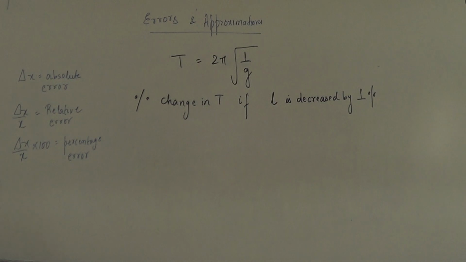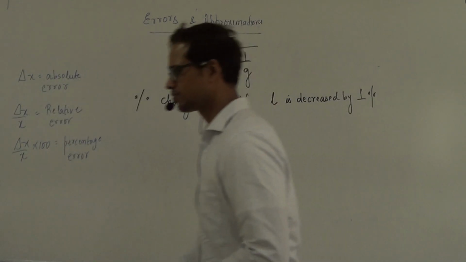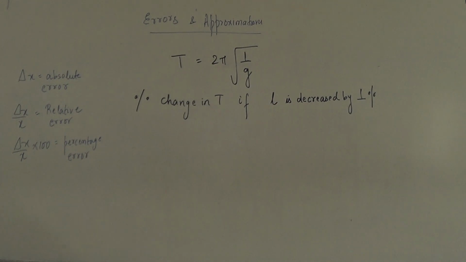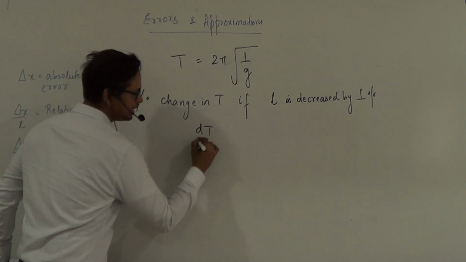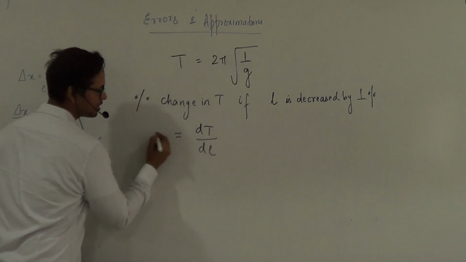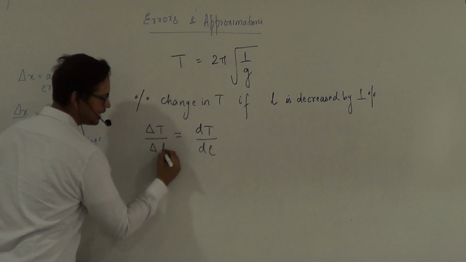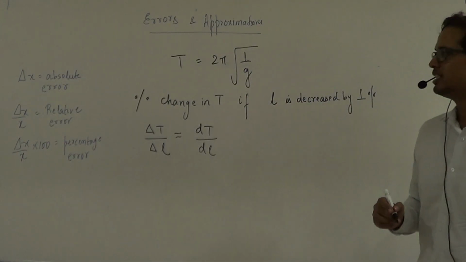Just 1 minute. So how do we solve this? Again, we make use of the formula. dT by dL is approximately delta T by delta L. Now what is given to us in the question?